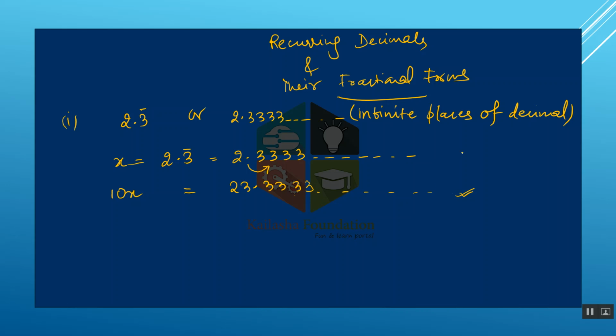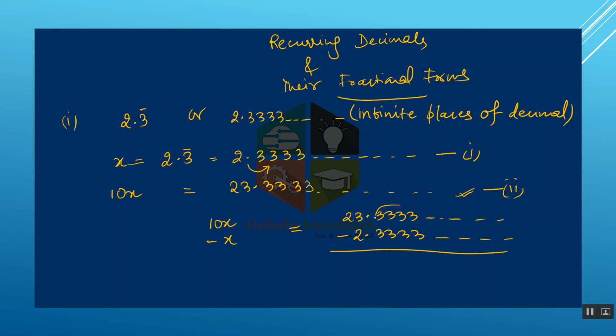Now equations 1 and 2. We subtract 1 from 2, so 10x minus x is equal to 23.3333 and so on, minus 2.3333.